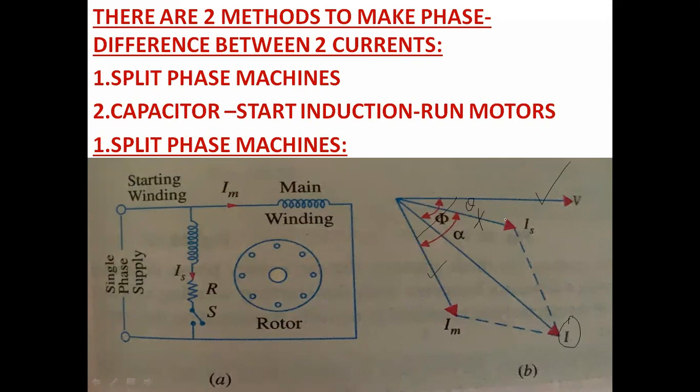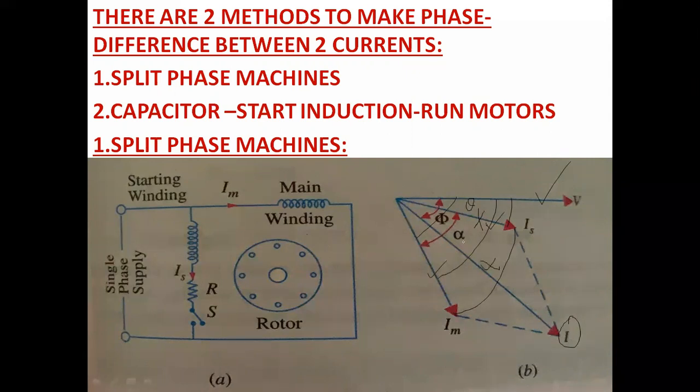So for making it self-starting, I am adding a starting winding. This starting winding is lagging with V, and the angle between V and IS is something, and the angle between V and IM is something. If you compare the angles between IM and IS, there is a relative phase difference between IM and IS.